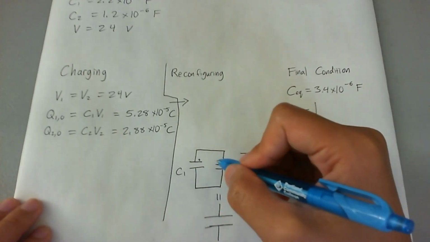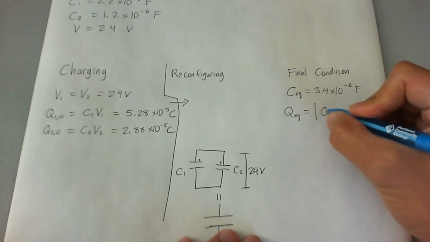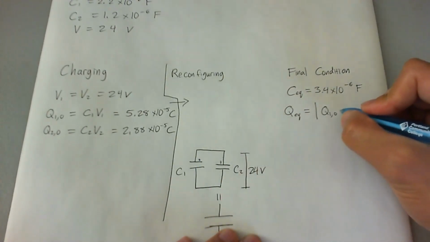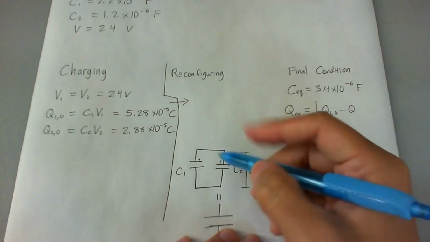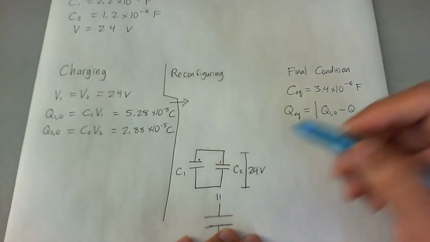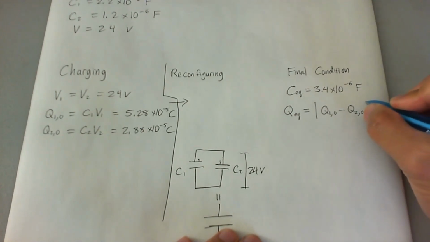Well, the good news is it's the same number. So we'll take the absolute value and say the initial Q on the top of the first capacitor minus, because this is flipped around, so it's now the negative on top and the positive part on the bottom. So we say minus the initial Q on the second capacitor.